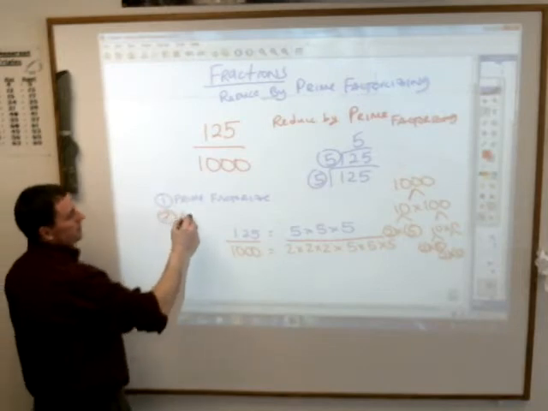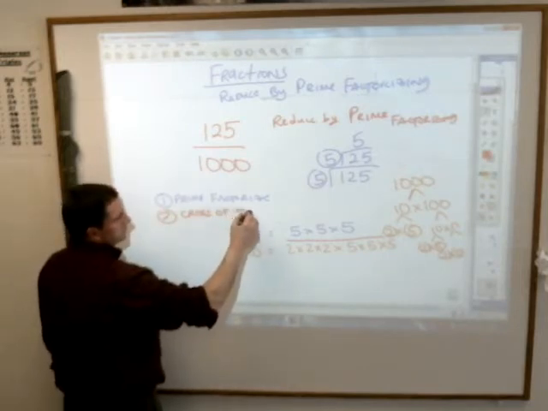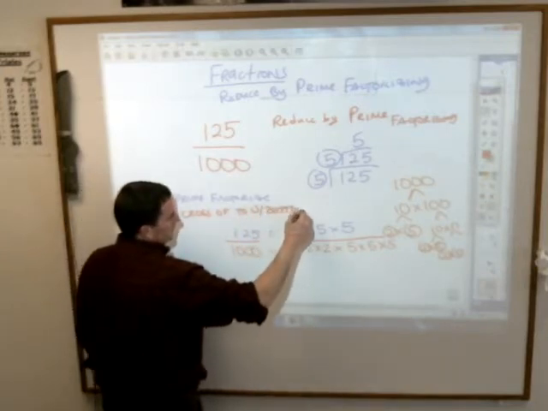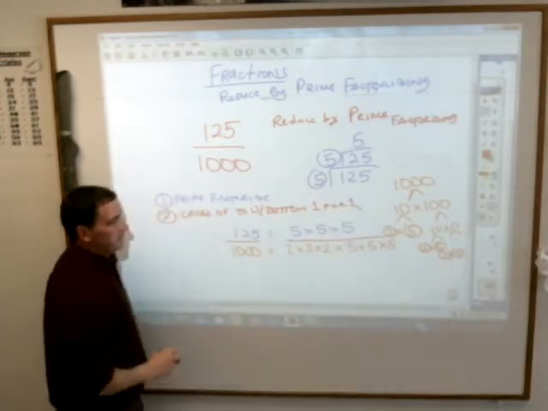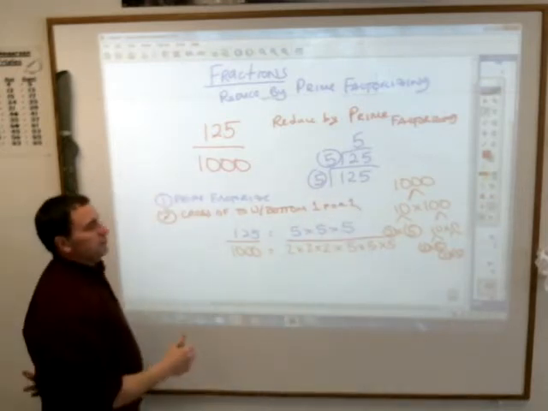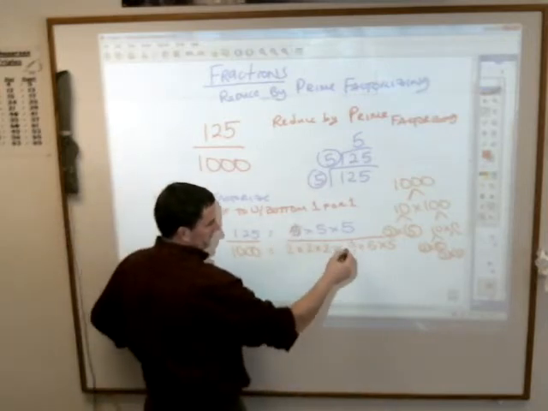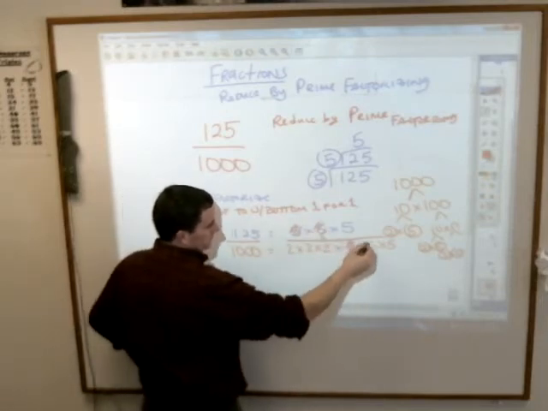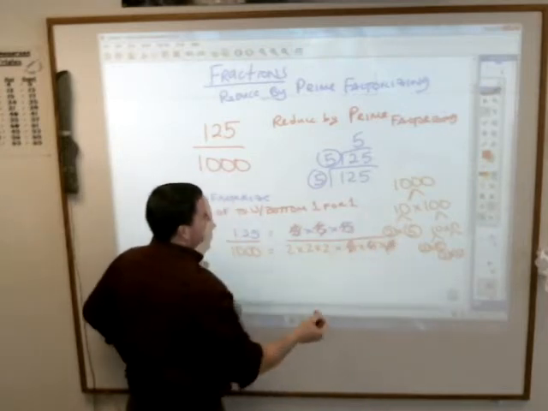You need to cross off top with bottom 1 for 1. Top with bottom 1 for 1. And you have done this before. I know if I looked in the book, there would be a problem. There are no 2's on top, so none of the 2's cross off, but this 5 can cross off with 1 5 down here, a second 5 with the second 5, a third 5 with the third 5.